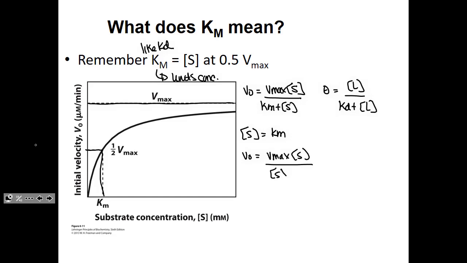So substrate is equal to Km. So now we have that the initial velocity is equal to the Vmax over 2.